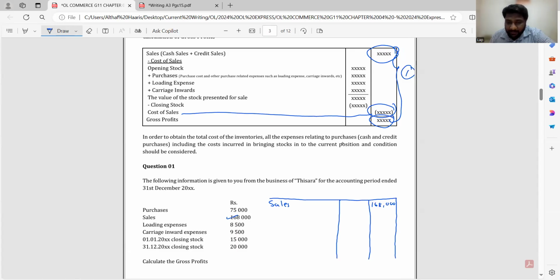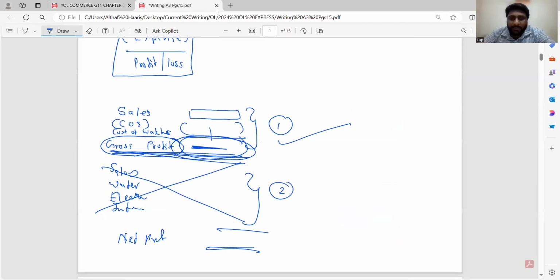From this, we have to minus the cost of sales. That means cost of the items that you sold. How to calculate it? Listen carefully, people.